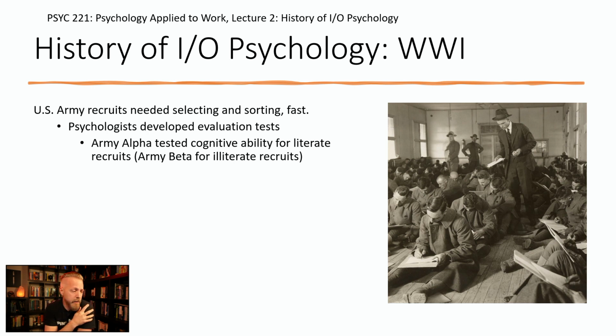So the U.S. in the early 1900s, you know, with a large immigrant population, a lot of first generation people that didn't speak English that well, and certainly couldn't read, and certainly some U.S. born folks were also illiterate too.